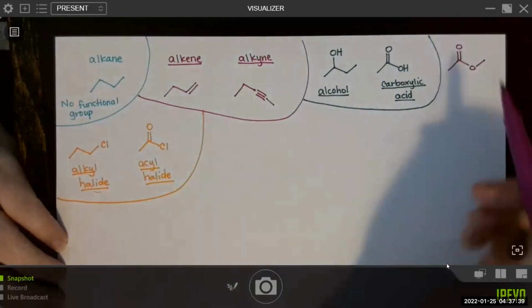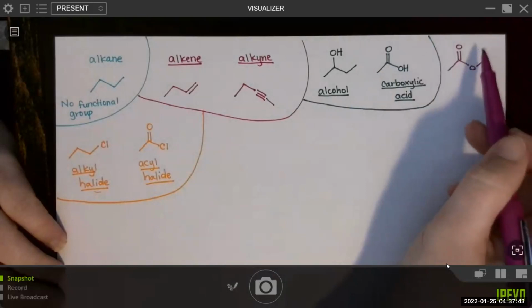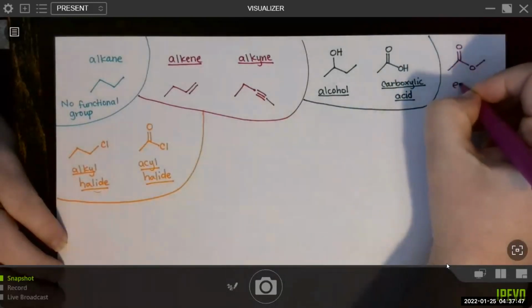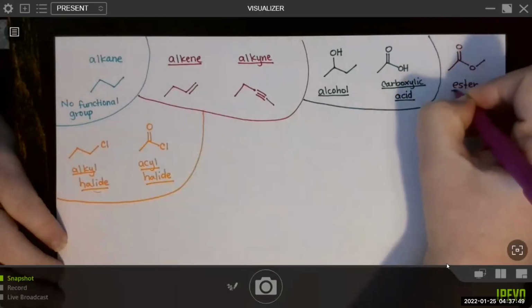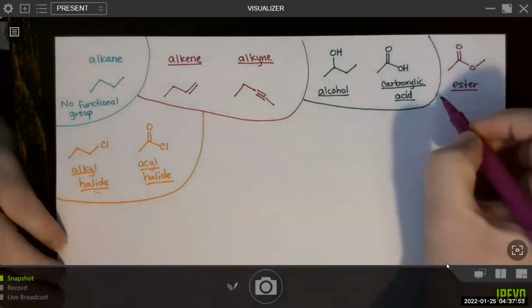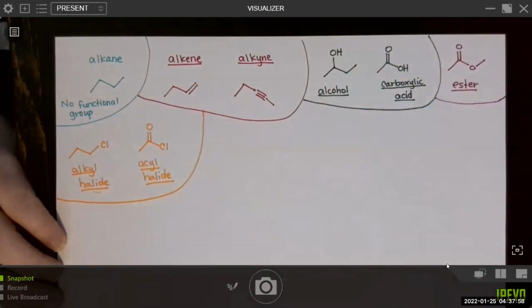So instead of an OH, we have what we call an OR, R being any carbon-based group. So this is actually called an ester. Okay, so that's a little bit different. And this is not like the name Esther, E-S-T-H-E-R. There is no H. That's just something to be aware of.